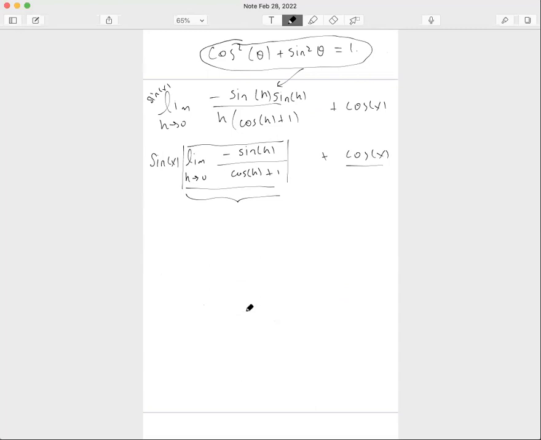Sine of 0 is 0, and what happens to cos when you plug in 0? It's 1. So this is just 0. That's the derivative. The derivative of sine is actually cosine.